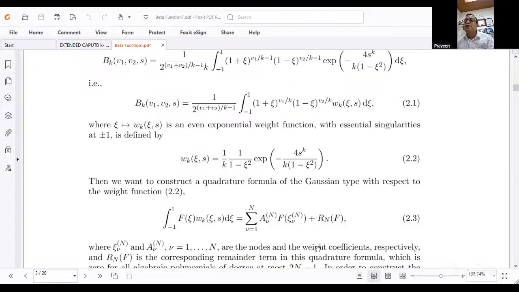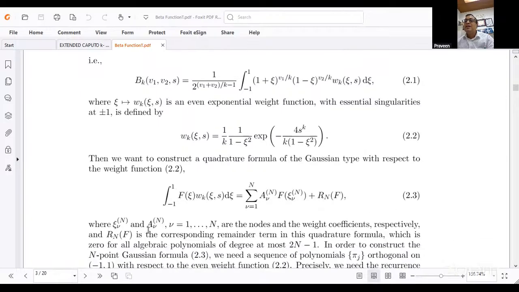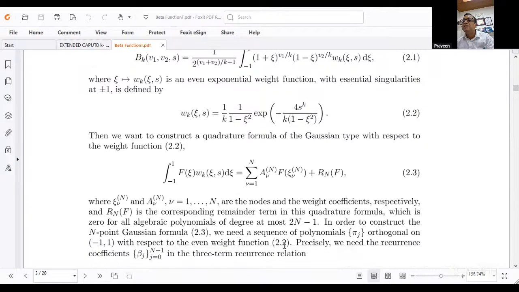So this is the quadrature formula of Gaussian type, which we have established there, where zeta nu and a nu, nu equal to 1 to n, are the node and the weight coefficient respectively, and R n f is the corresponding remainder term in this quadrature formula, which is 0 for all algebraic polynomials of degree at most 2n minus 1.